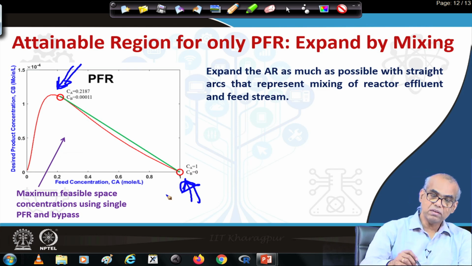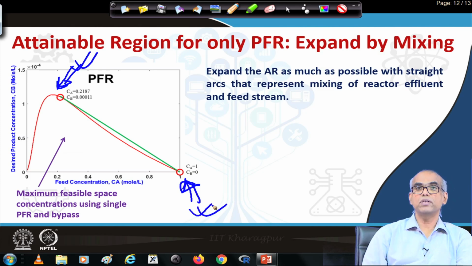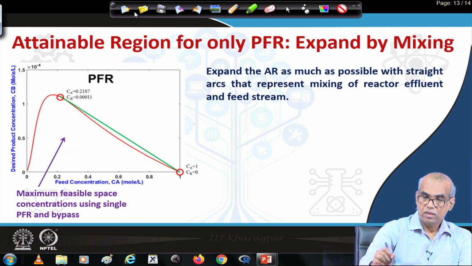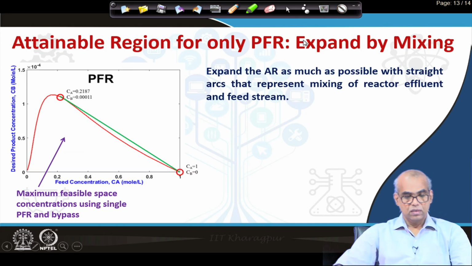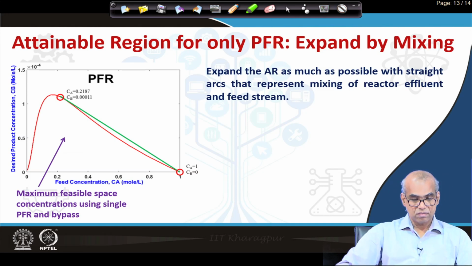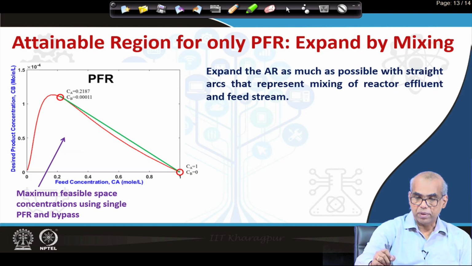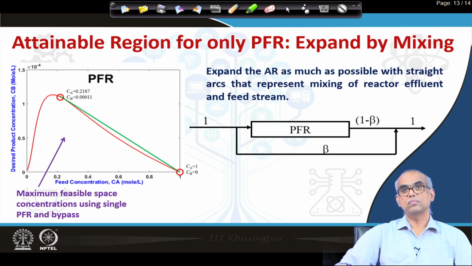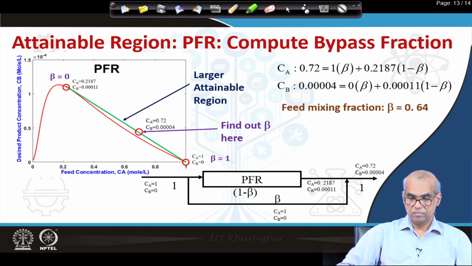So, effluent represented here with the feed stream. So, maximum feasible space is now obtained using plug flow reactor with a bypass. So, beta is the mixing fraction.